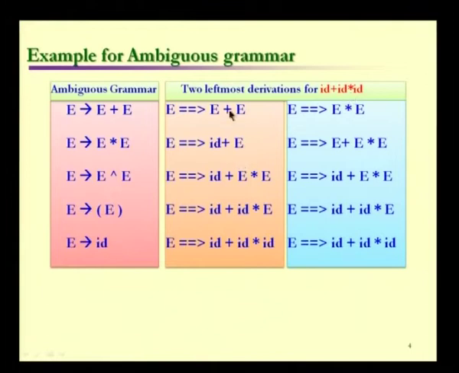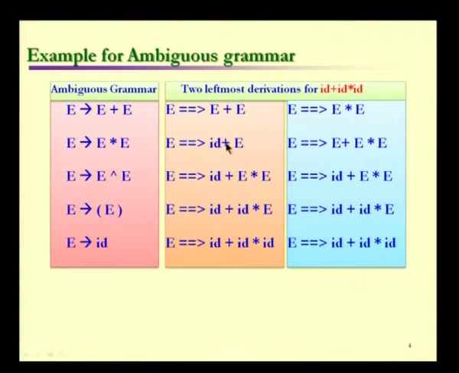So, now look at the first one. We are starting with the start symbol of the grammar, capital E, which is expanded using E plus E, and since it is a leftmost derivation, the first variable to be expanded is this E. Once this E gets expanded, we will have id here.